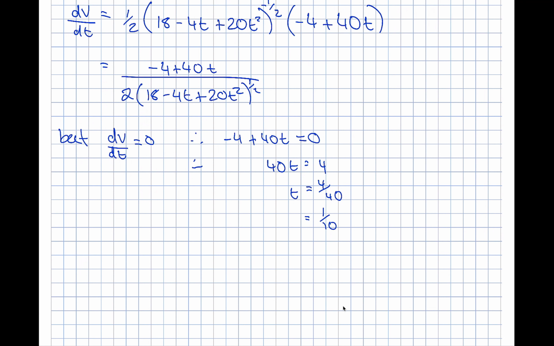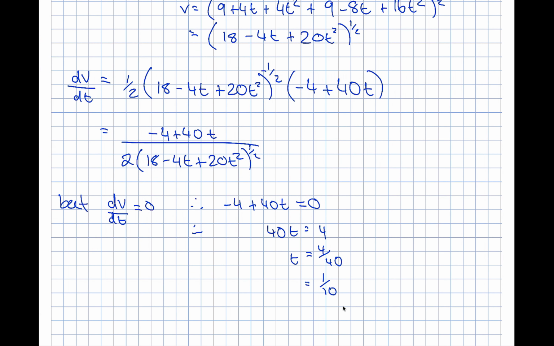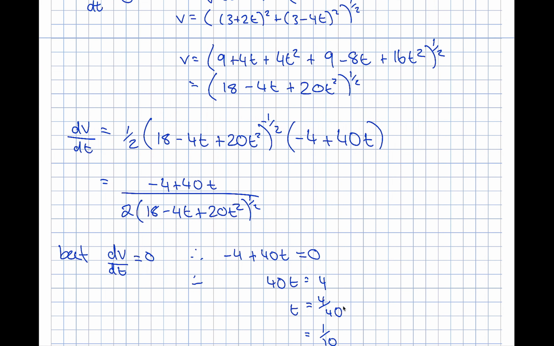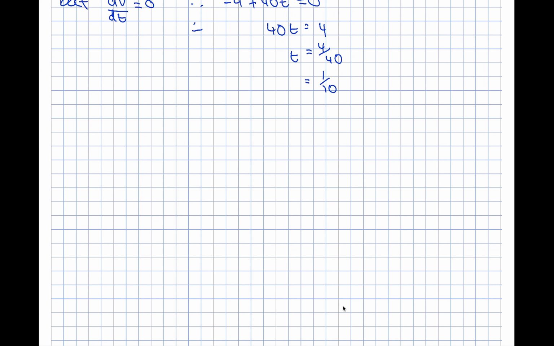Just go back, make sure I have 20. I think. Now I can't remember whether it was t equals 1 on 10 or not was the right answer. But what we need to do is say, okay, well, is that a maximum or a minimum?